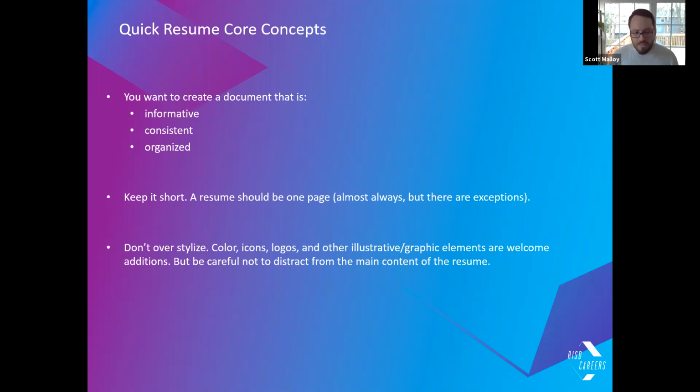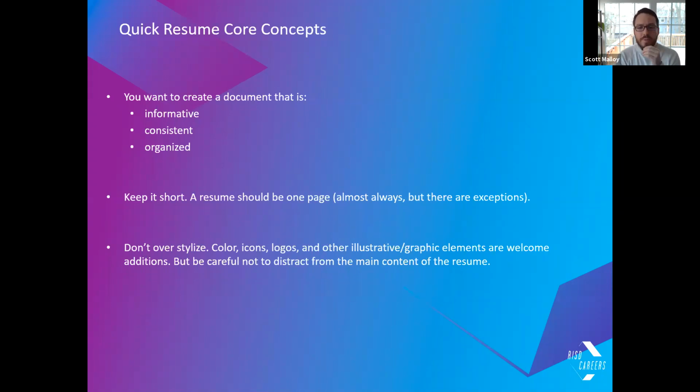And the last key takeaway before we break down the different sections of a resume: even though color, icons, logos, or other stylized or illustrative elements can be really effective in helping your resume stand out from the crowd, you want to be careful not to overdo it.